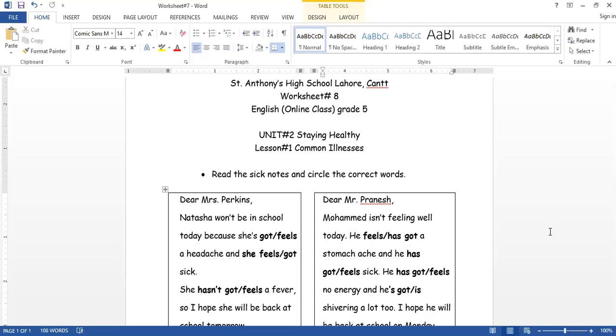As it is grammar work, you can do this work in your English B copy. Two of the activities you have done in the English book, and this worksheet you can note down in your English B copy and be ready tomorrow with your homework, right?